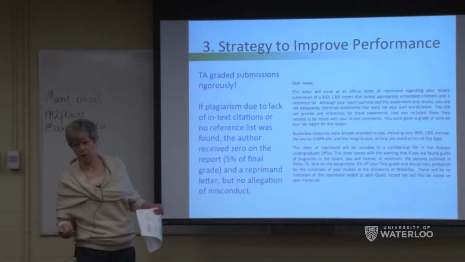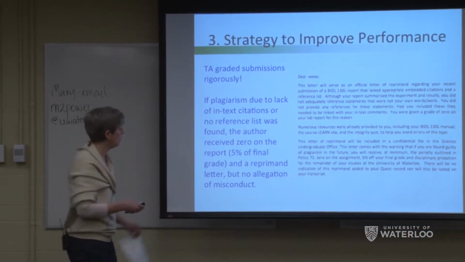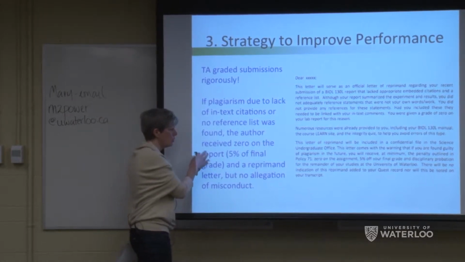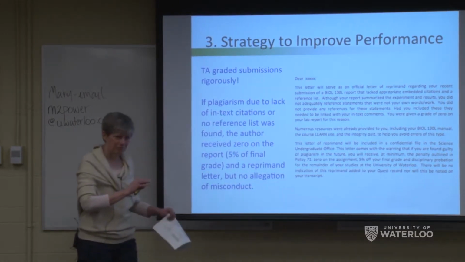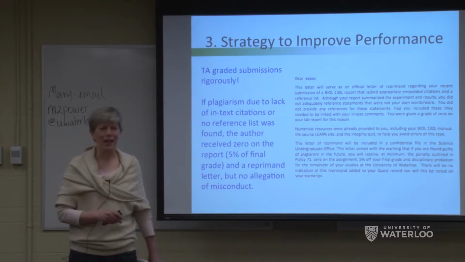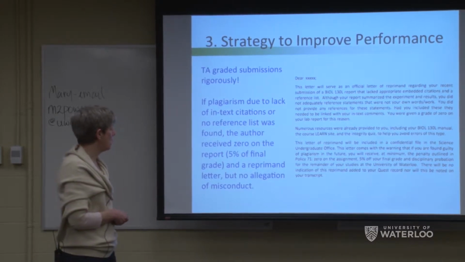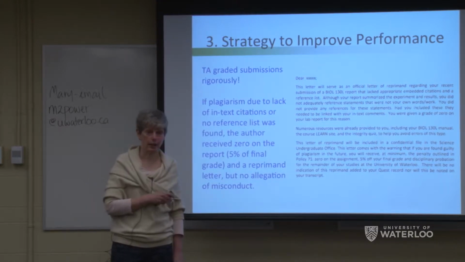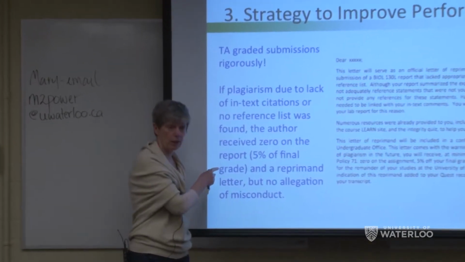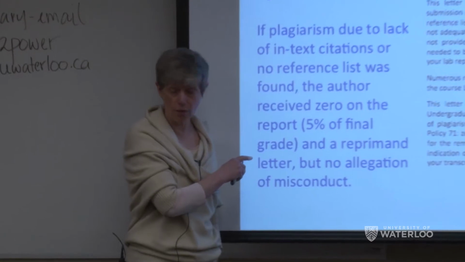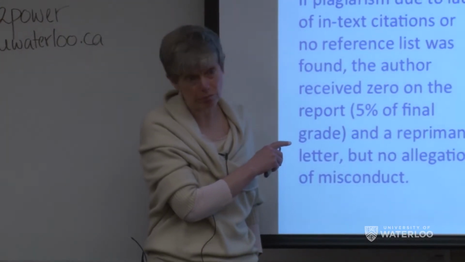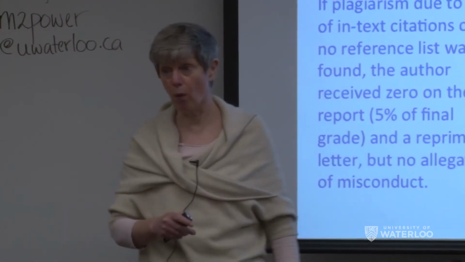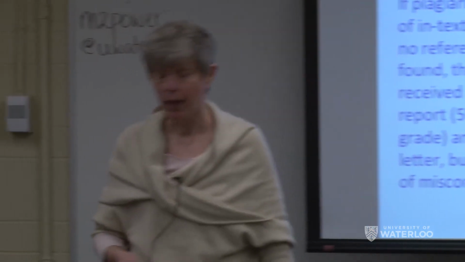They think everything's common knowledge. So as long as there was no evidence of real deviousness, I treated those as a reprimand, and I send the students a letter saying they are given 0 on the assignment, so they lose their 5%, which is, first report, boom, I got 0.